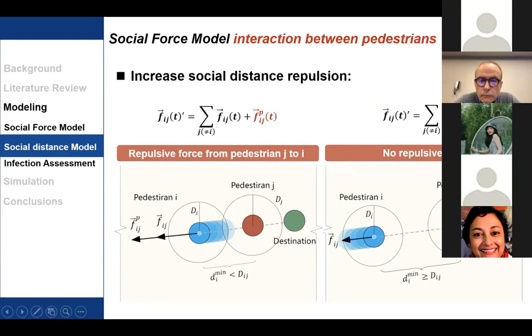Secondly, the social distance repulsive force is added to the force between pedestrians. When the distance between the two pedestrians is less than Dij, the pedestrian behind gets a repulsive force, and the direction is a vector from j to i.